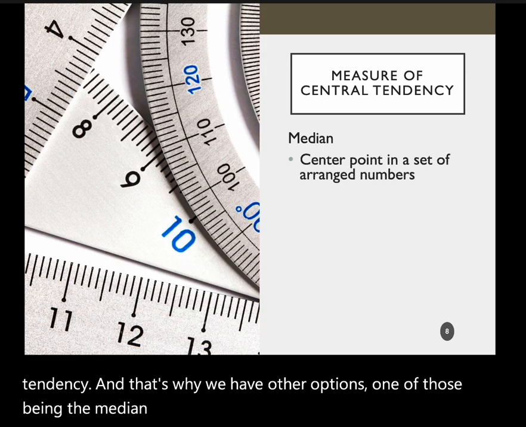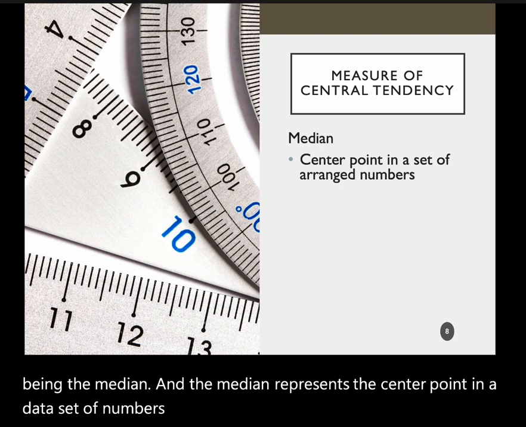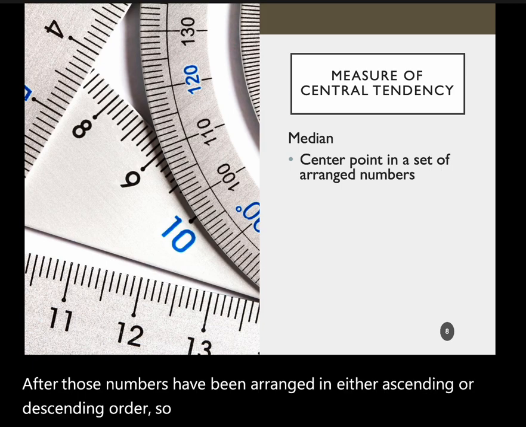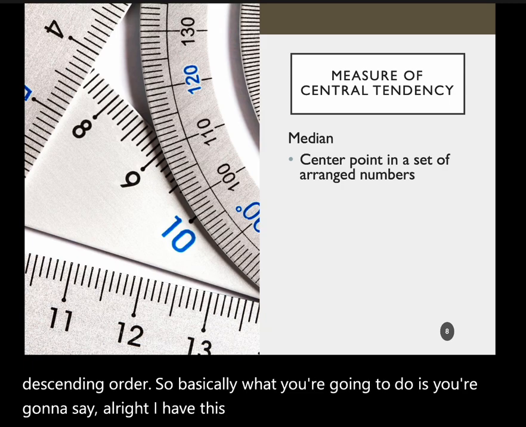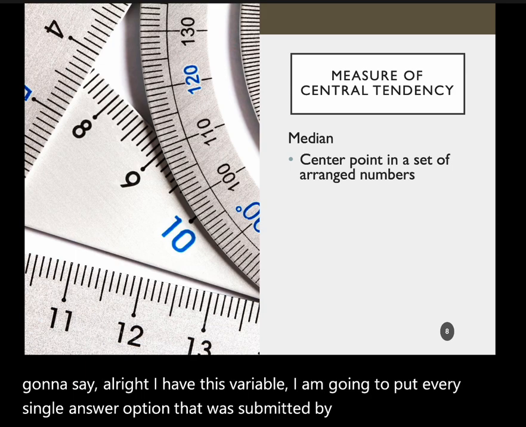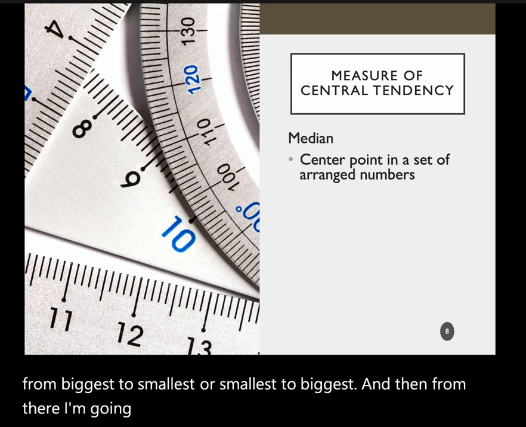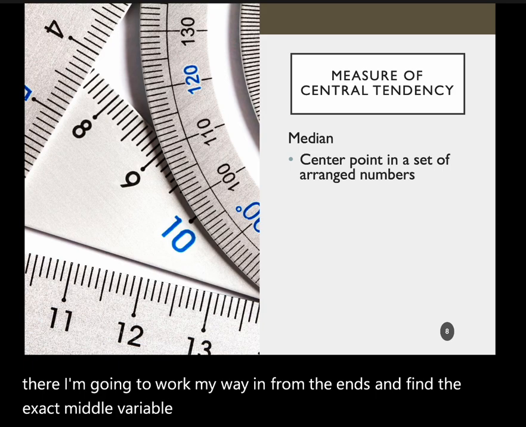The median represents the center point in a data set of numbers after those numbers have been arranged in either ascending or descending order. So basically what you're going to do is say, all right, I have this variable. I am going to put every single answer option that was submitted by participants in order from biggest to smallest or smallest to biggest. And then from there, I'm going to work my way in from the ends and find the exact middle value that was listed for that data.